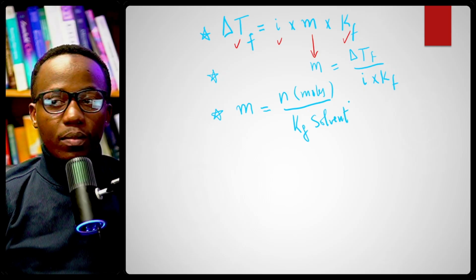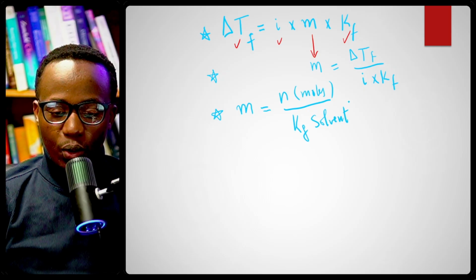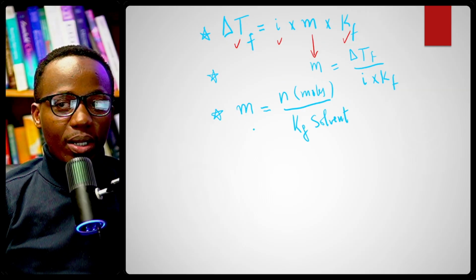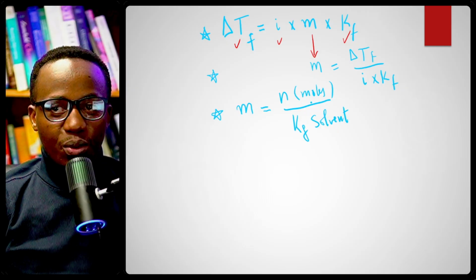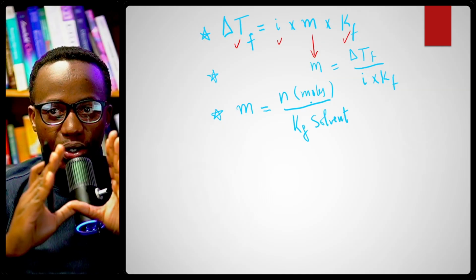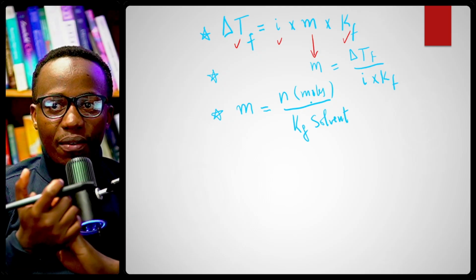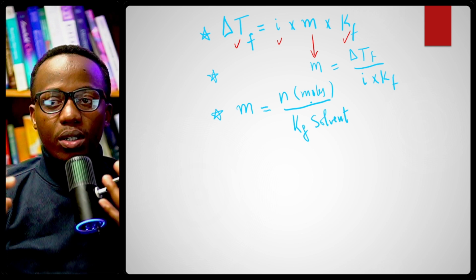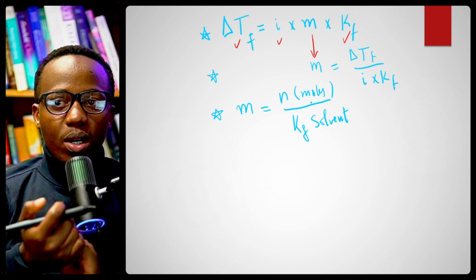So you already found the molality here, and the molality is equal to moles over kilograms of solvent. And guess what? From your experiment, from your beaker, you have your kilograms of solvent. If you don't have the kilograms of solvent, you can convert it very easily because it's water. Yeah, we have some ice in it, but we can approximate.